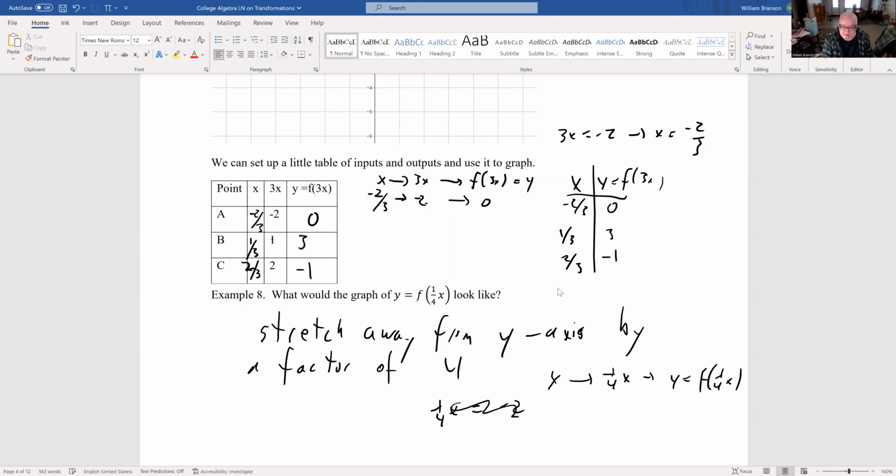This is the same kind of thing we did up here. If this is -2, then putting -2 in the function gives me 0. But if 1/4 x is -2, then x must have been -8. And so then we plot the point -8, 0.